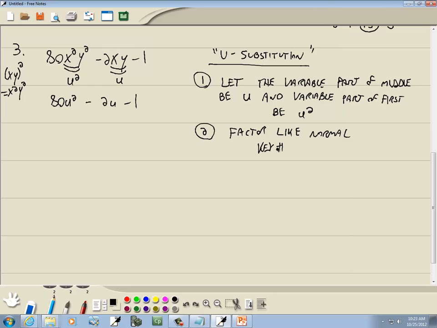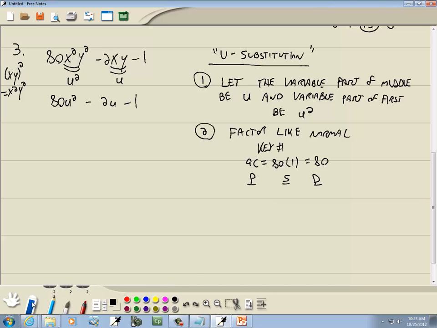Now I'm writing this over here, but this isn't actually part of the steps. This is the method I'm going to show on this. So I'll use key number on this. So we'll take the number at the beginning times the number at the end, ignoring signs. So we've got 80 times 1 gives us 80. Now they won't all be key number. So again, this has nothing to do with this particular step here. I just didn't have room to write it over here.